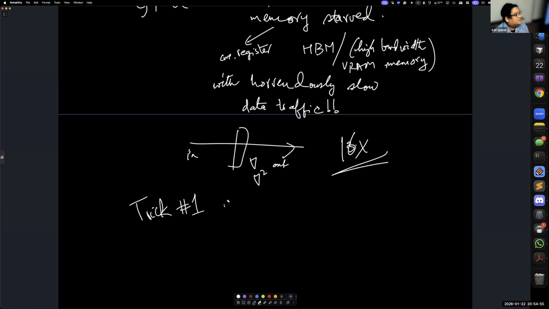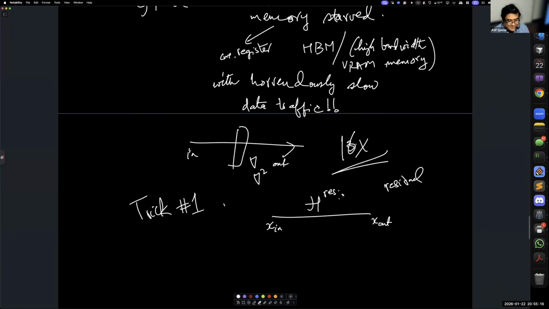they say, hey, forget it, we won't store. So what happens if I don't store input, output? I'm just looking at the residual lane. Suppose I don't store it. Then what happens?